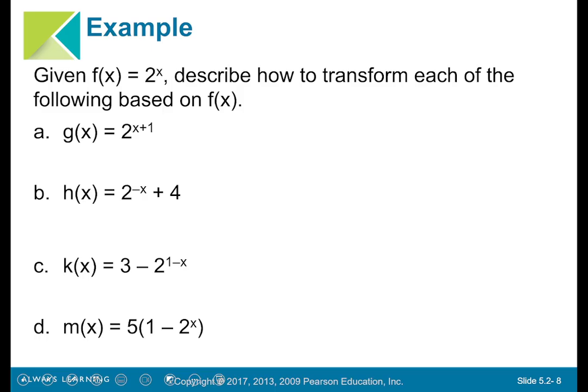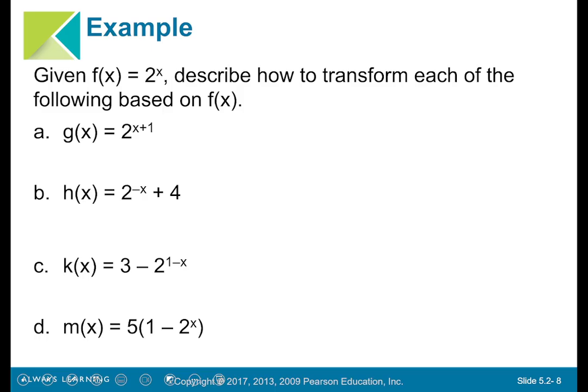So with part A, we have g of x equals 2 to the x plus 1. Remember that when we add 1 directly to the x, that is going to be a horizontal move. We either go left or we go right. And with horizontals, it's opposite the direction you want it to be. So we look at x plus 1 and we imagine that it's going to go to the right one, but that's not true. It actually goes to the left one.